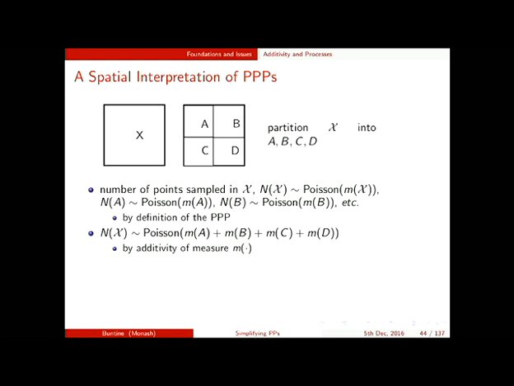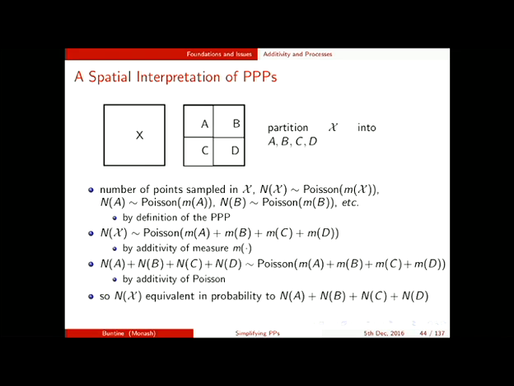Instead we could have taken MA, MB, MC, MD, taken a Poisson on them, got NA, NB, NC, and ND, and added them together. All of this additivity of both the Poisson distribution and the measures complements nicely.